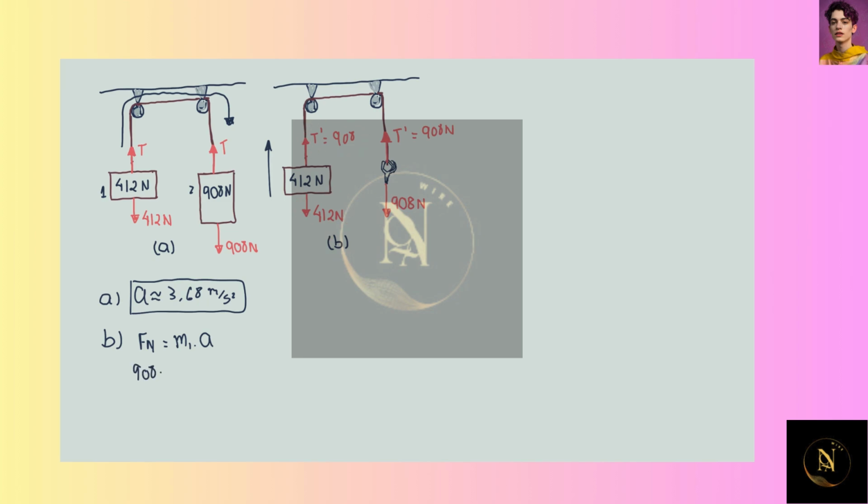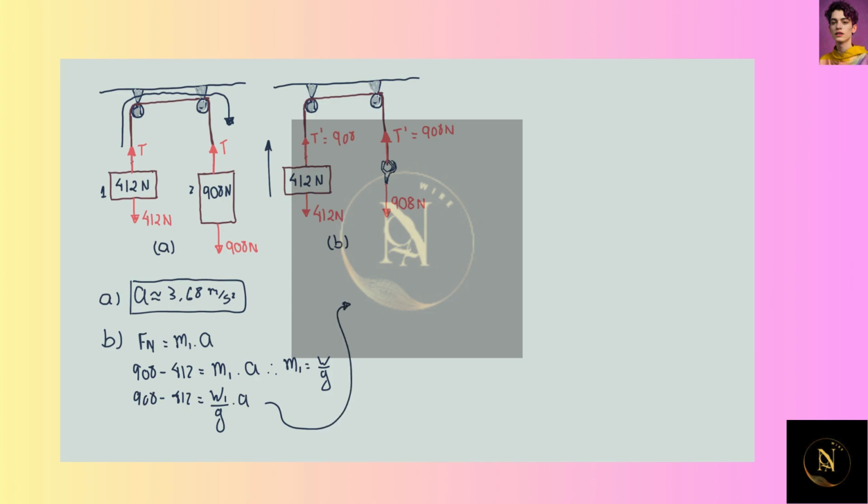So 908 minus 412 equals the mass of the lighter block times its acceleration. Remember again that we can write the mass as the weight force divided by g. So 908 minus 412 is the weight of the lighter block divided by g, times a.